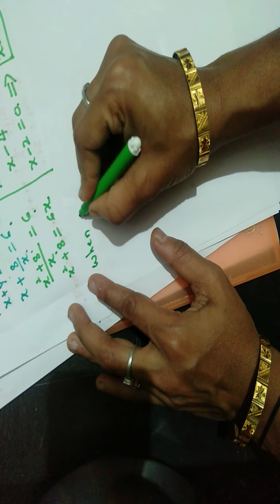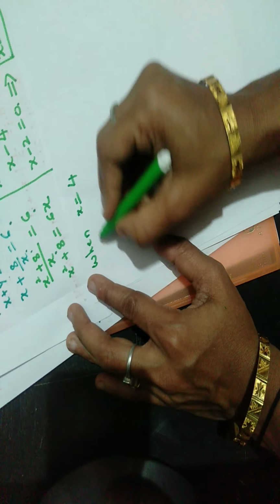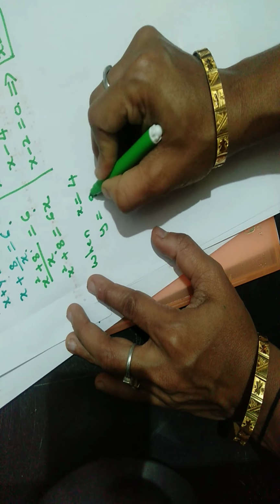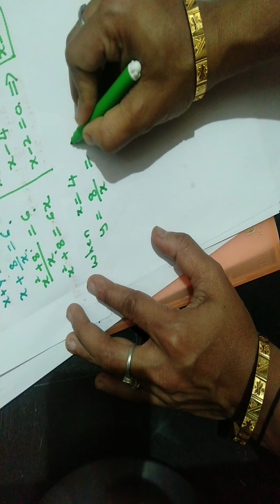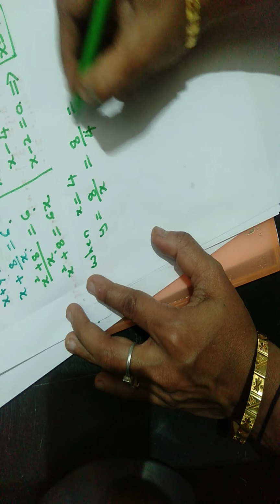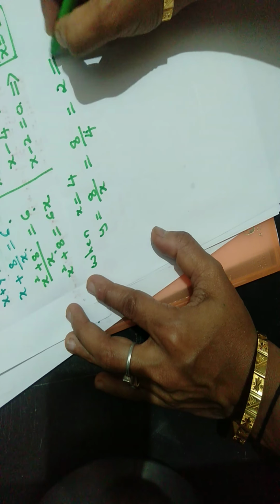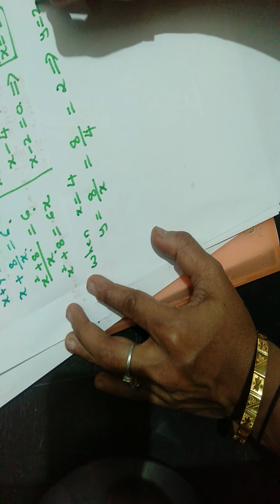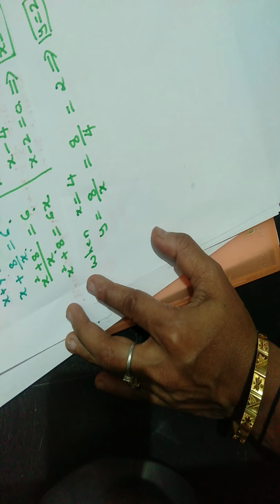When x is equal to 4, so y is equal to 8 by x is there. That means 8 by 4. So that is 4 ones are 4, 4 twos are 8. So that implies y is equal to 2. This is the y value. Understand, all of you? Okay.